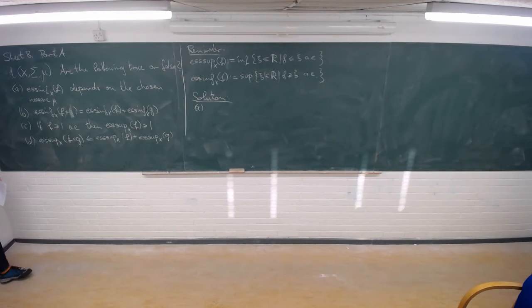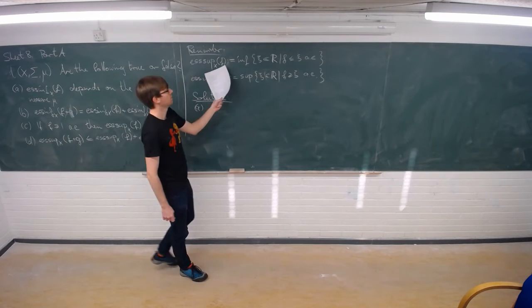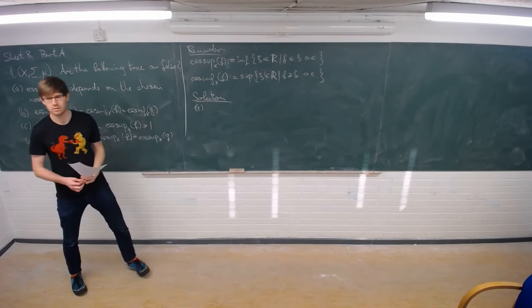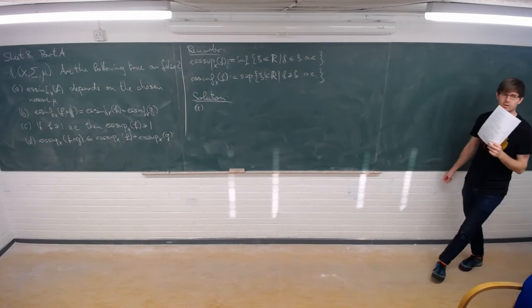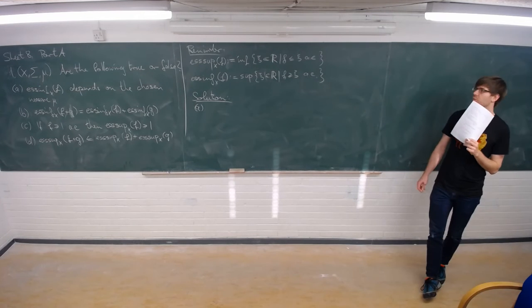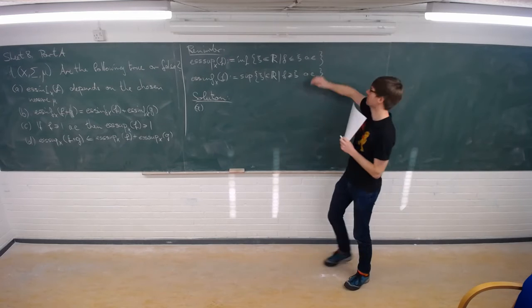So let's start with part A. The essential infimum of f depends on the chosen measure mu. True or false? True. Why? Because of the definition of essential supremum, we are looking for the c such that f is less or equal than c almost everywhere. So which part in the definition depends on the measure?